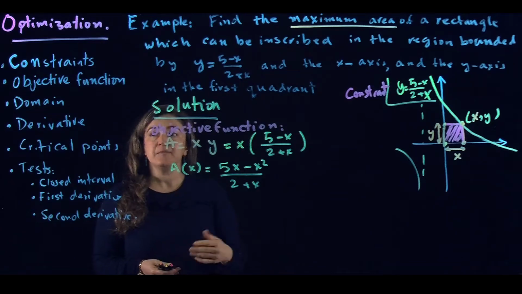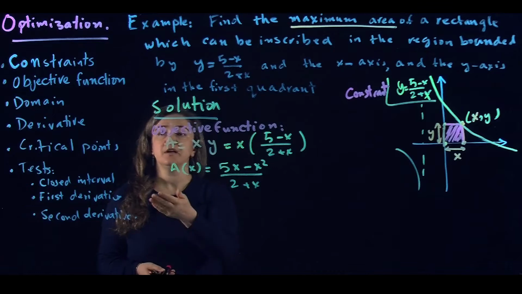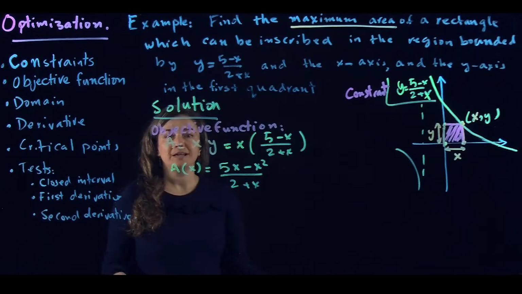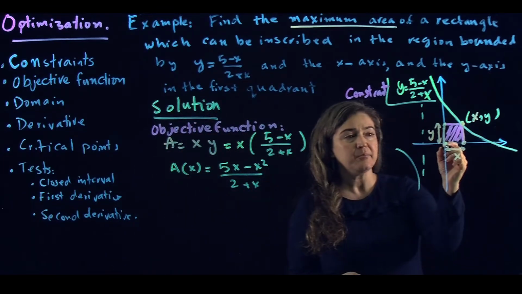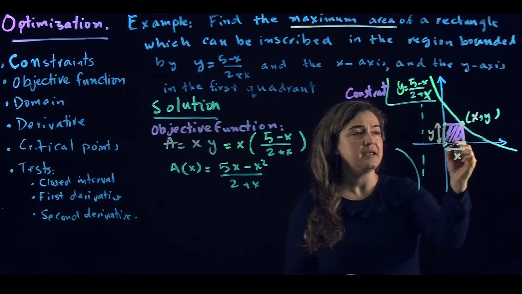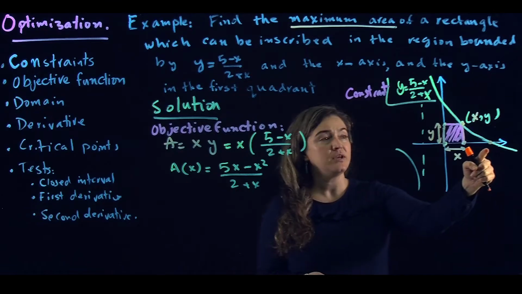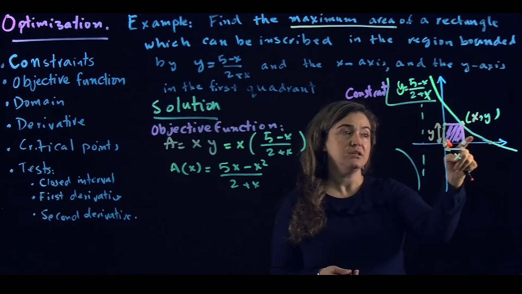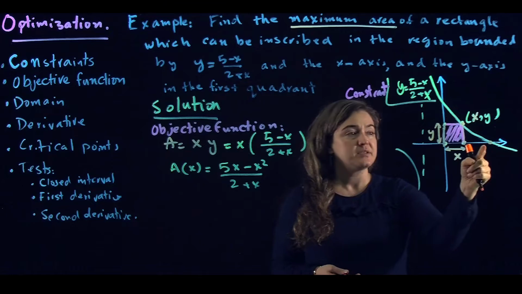Now, the next step is to figure out the domain, take the derivative, find the critical points, and do the tests. How do I find the domain? X can be as low as 0, and then it can be as high as this point. How do I find that point? That point is the point of intersection of the function with the x-axis, or the x-intercept.